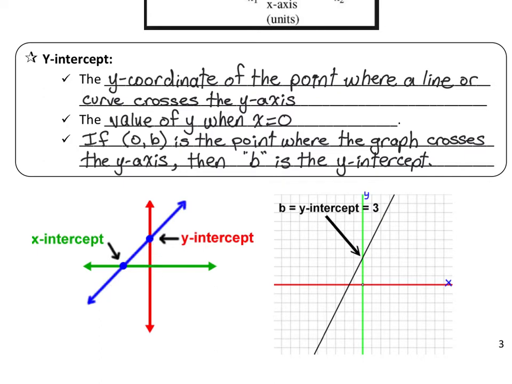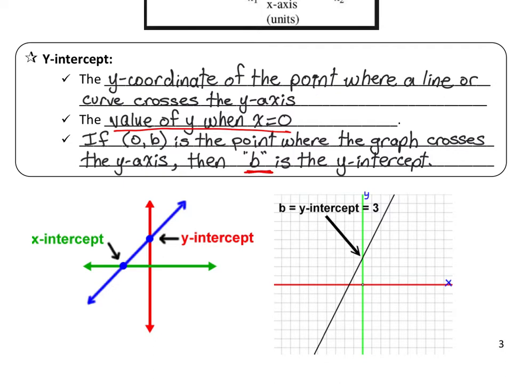So whatever the y value is when x is equal to 0, that is your y-intercept. The value of y when x equals 0. And if (0, b) is the point where the graph crosses the y-axis, then b is the y-intercept.